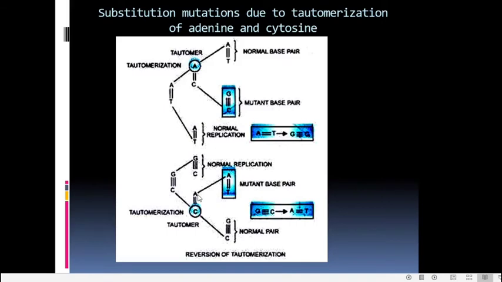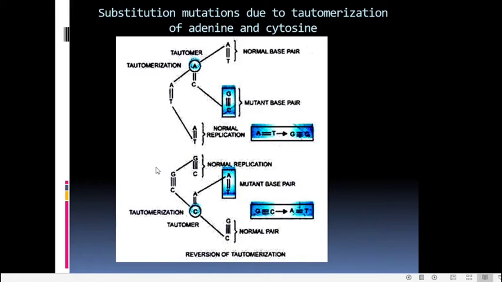Tautomerization leads to a wrong pairing of these nitrogen bases. That is, they enter forbidden base pairing. When adenine is in its amino form, it will always pair with thymine. But if adenine is in the tautomeric form, it will pair with cytosine instead of pairing with thymine.